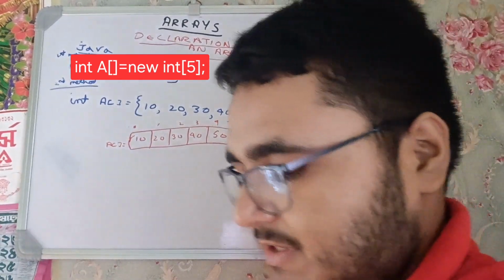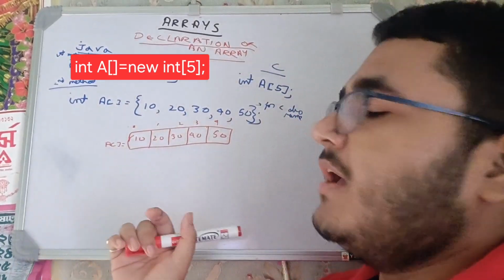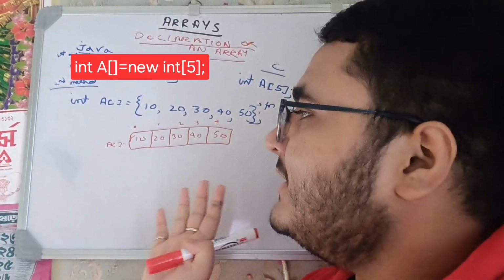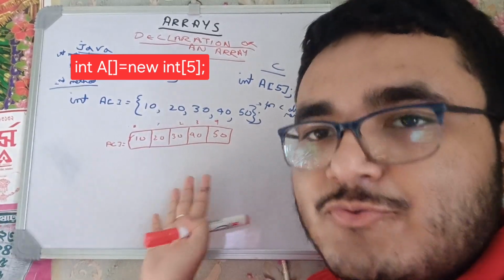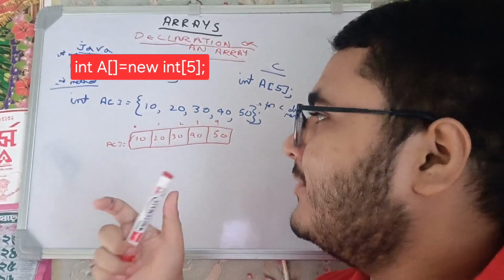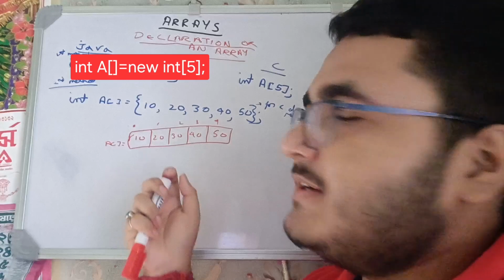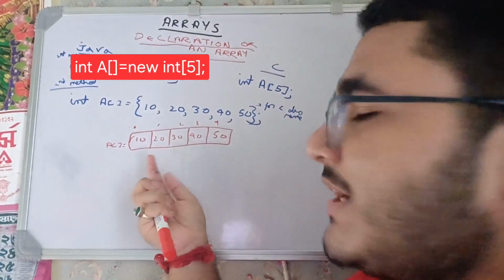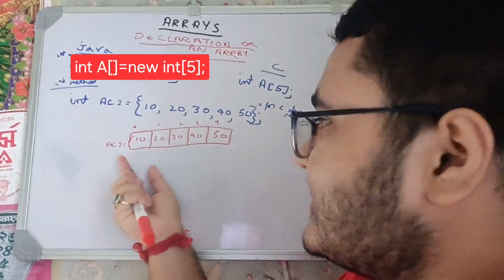Okay. Now, but this is not all. What if we want users to give the value? Right. So how to do that? Do you have any idea what I can do to access each of these indexes?